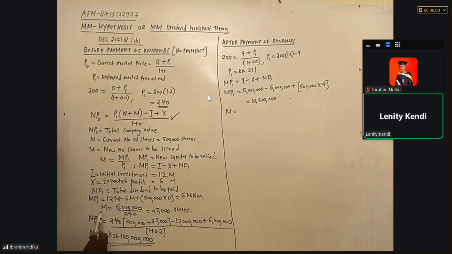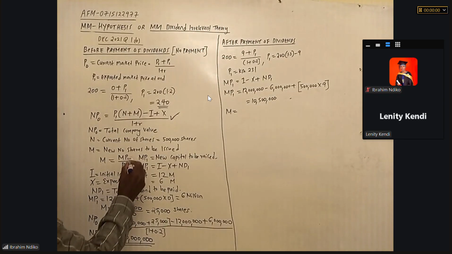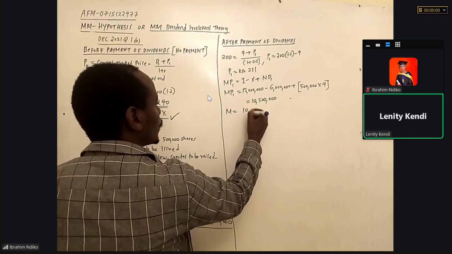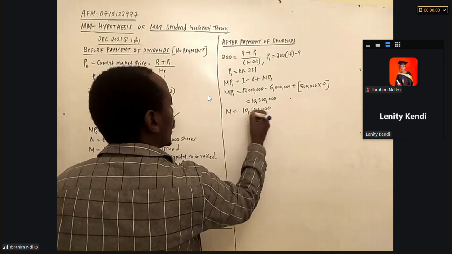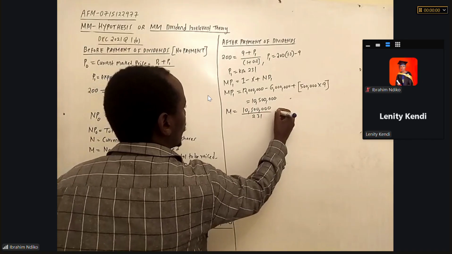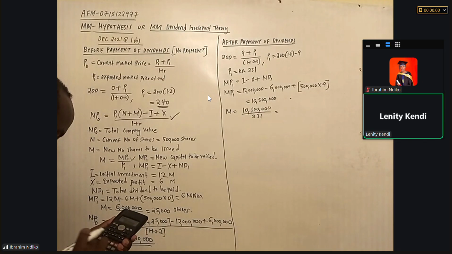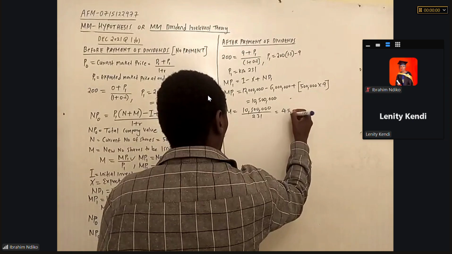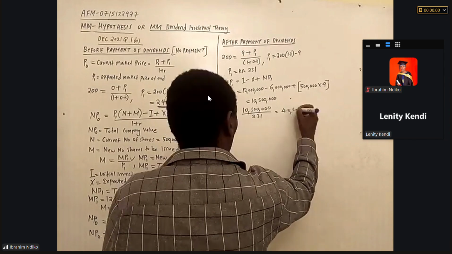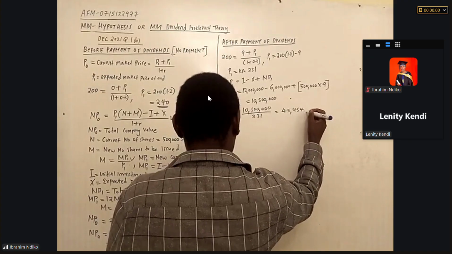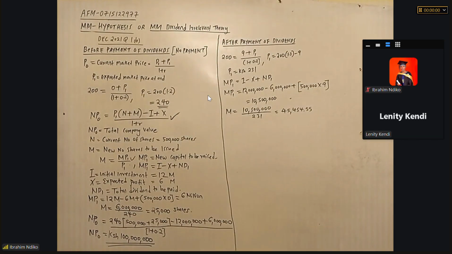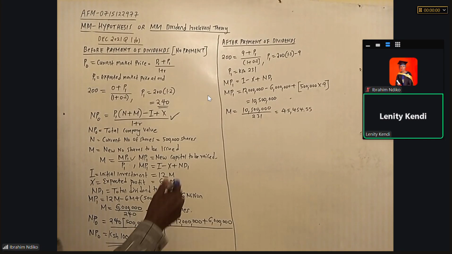For you to get aim, we take MP1 divided by P1, right? Yeah. So 10,500,000 divided by 231. I get 45, or 54.55, right? Yes.